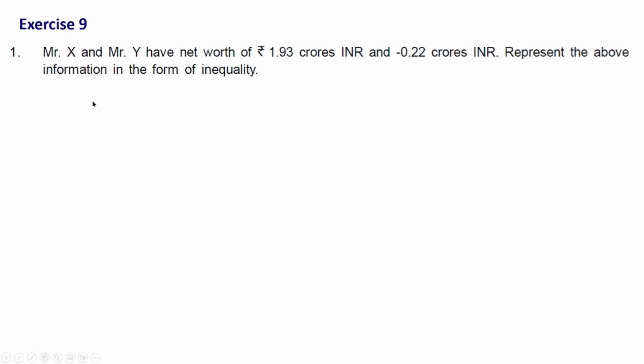Represent the above information in the form of inequality. So here 1.93 is greater than negative 0.22, or net worth of Mr. X is greater than net worth of Mr. Y. So this is the answer.